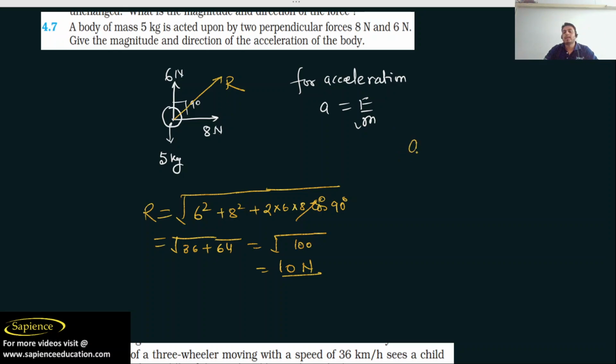Now can we find the acceleration? Acceleration is equal to 10 Newton divided by mass, which is 5. So this will be 2 meter per second square. Now what is the direction of the acceleration?